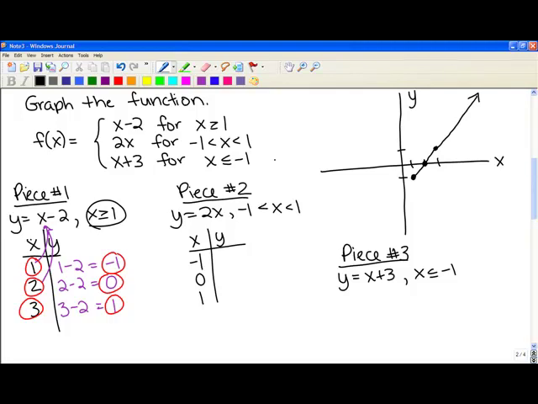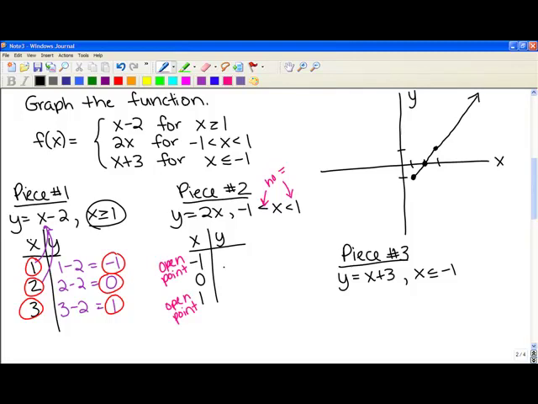Now, since there's no equal sign right here, and also over here there's no equal sign, that means that this point will be an open point, and this one down here will also be an open point. So these are not regular points that we think of when we graph a function. They're going to be open points because there's not an equal sign at negative 1 and positive 1. So we'll keep that in mind when we graph these.